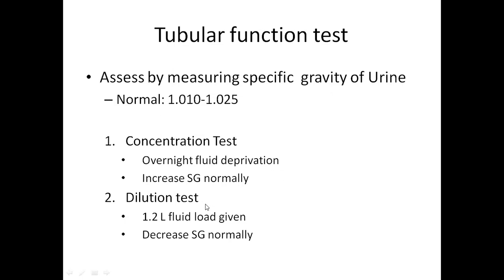The second test is the dilution test, in which a fluid load of around 1.2 liter is given to the patient. After that, at 1 hour intervals, 4 samples are taken. In at least one sample among the 4, the urine specific gravity should be less than 1.01.